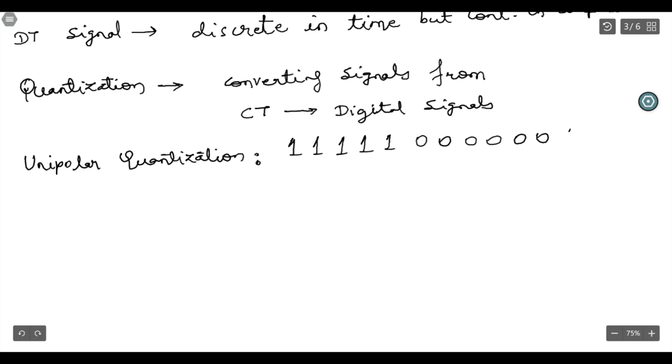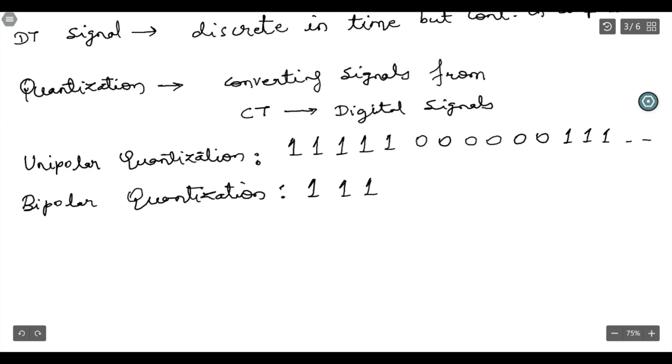So this is the unipolar quantization process, and then the bipolar quantization process. In the bipolar quantization process, we have only ones or only zeros. So if we write ones, every value will be only one. So this is bipolar quantization.